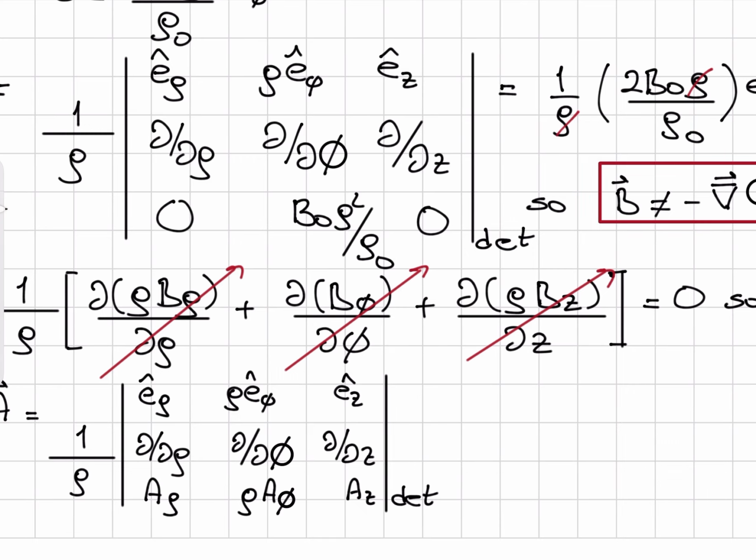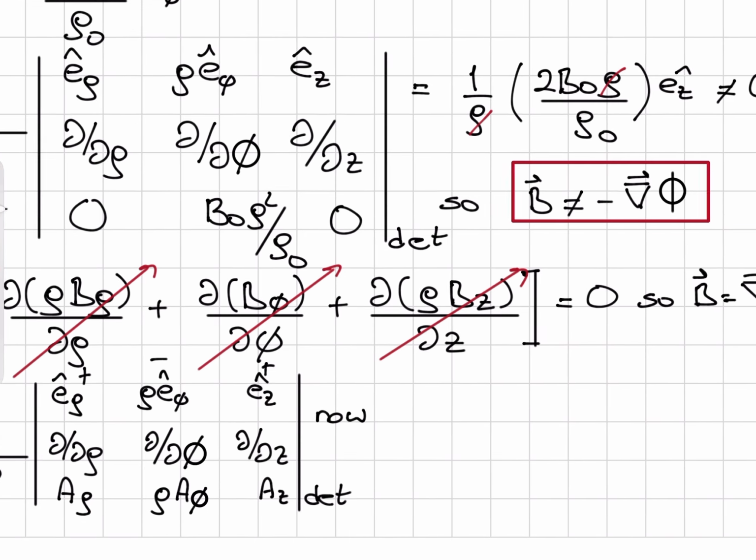Now there's only a phi component in the magnetic field. Therefore, I should only consider this term, the phi term: del rho of A z minus del z of A rho.